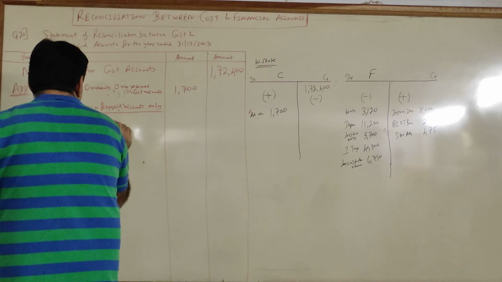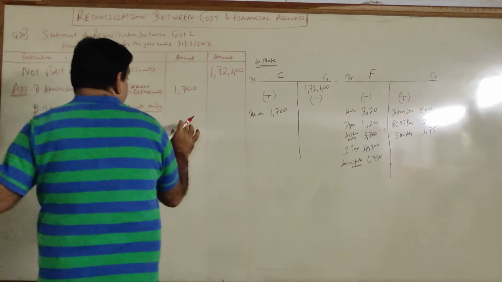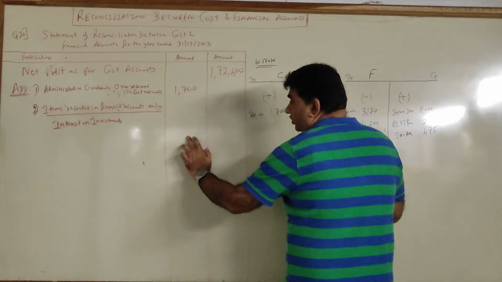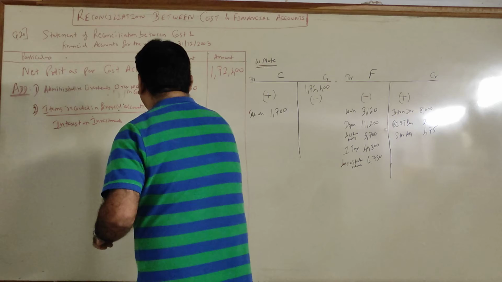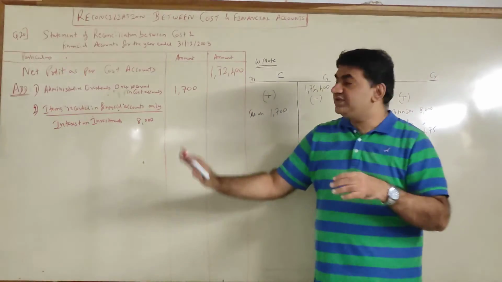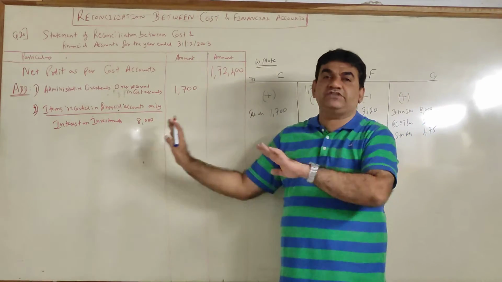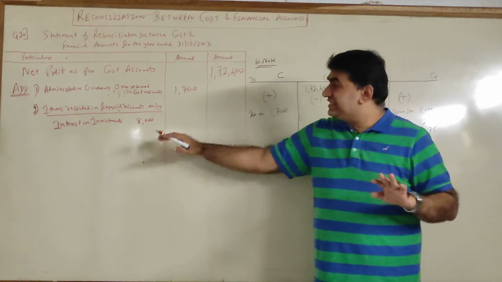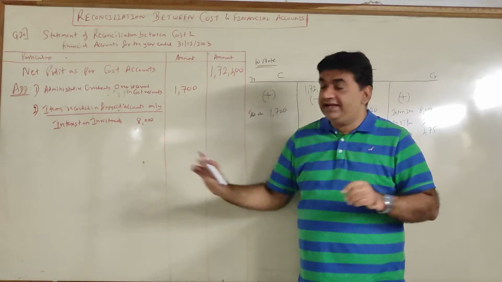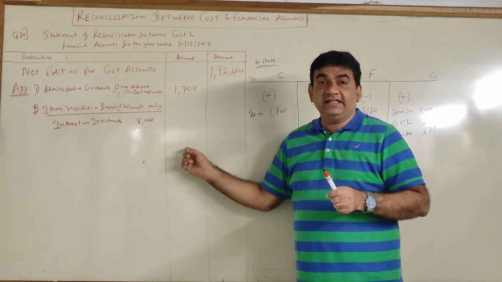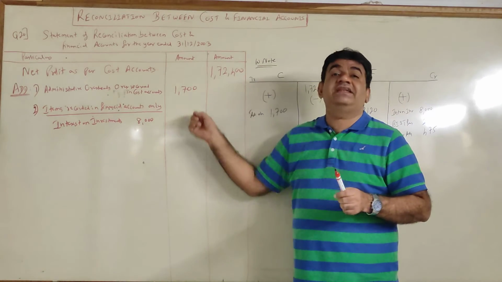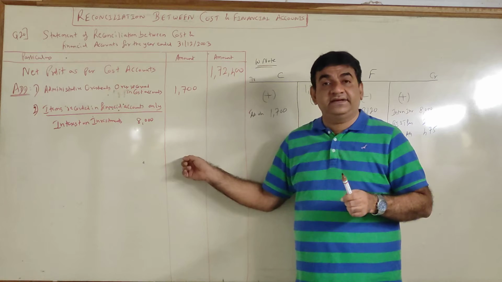Don't put it in the first column, put it inside the first column. That means 8,000. Even if you by mistake put it here, it's okay. This is just for better presentation. Because there are three items under this head, we will put the amounts here. The total of the three we will take in the first column and then add to this 1700.